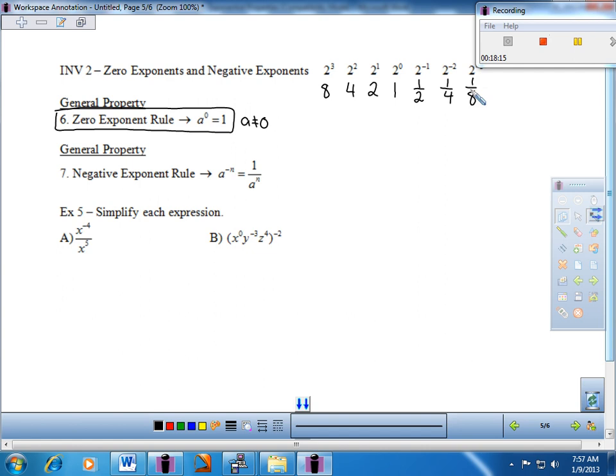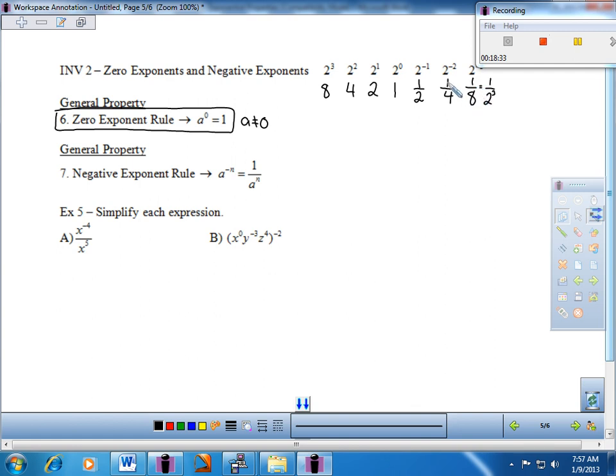And I'm hoping you've kind of seen this piece before, the negative exponents. But basically, look at the symmetry here. Look at 2 to the third, and look at 2 to the negative third. As you can see, 2 to the negative third is really the same as 1 over 2 to the third. So negative exponent, the answer still turns out to be a positive value. That actually is key for us, understanding that conceptually. But you can see sort of the situation at hand here, that it really is just 1 over 2 to the third.